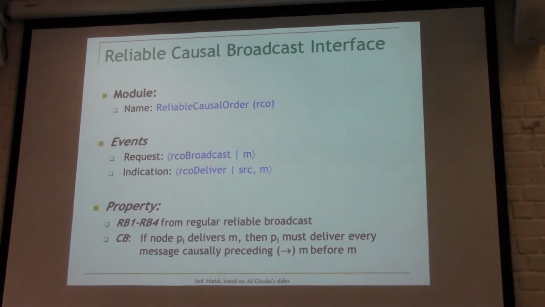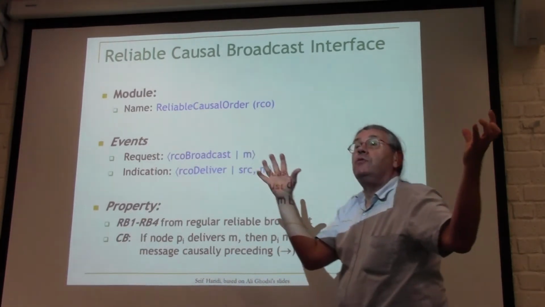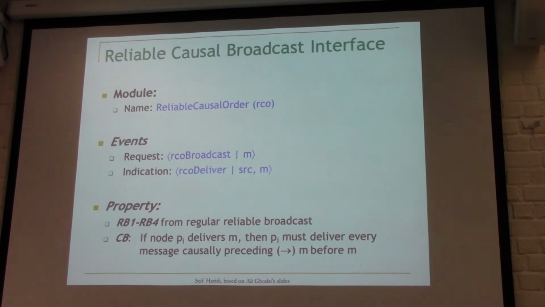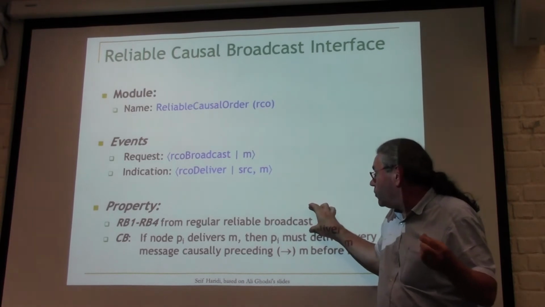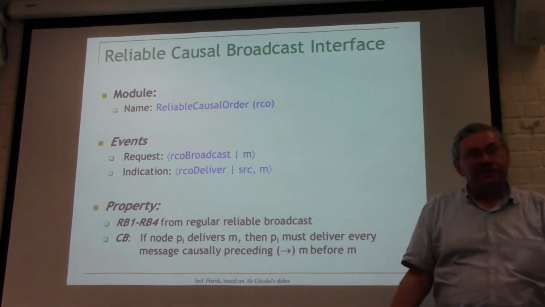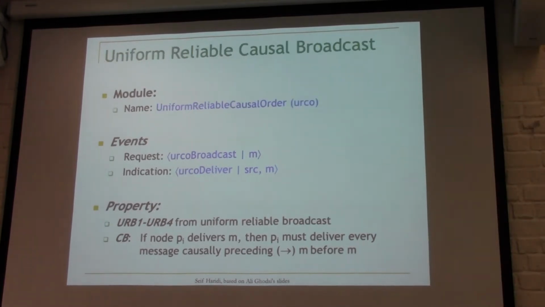So that's very nice. So if we have only RB1 to RB4, we have a certain set of executions, and we add CB, a conjunction to that, and we have the subset. We're pruning, okay? That's a very good way to make specifications. Start with something really general, and then add something to prune it, okay? Okay, so that's how we're going to do that.